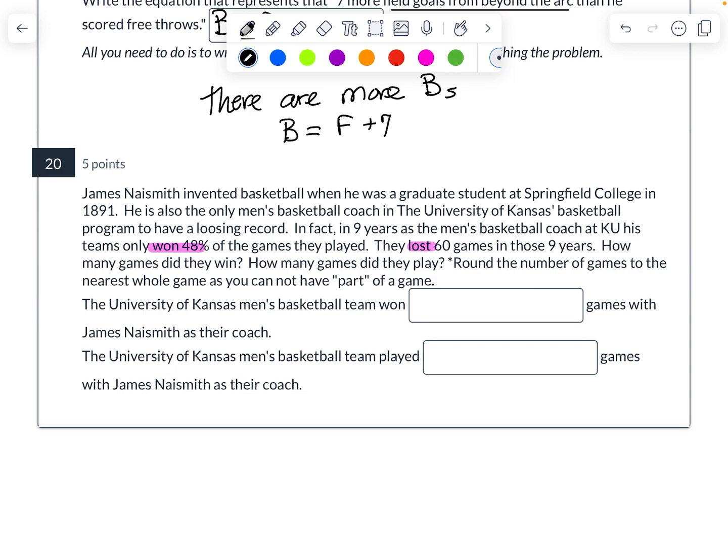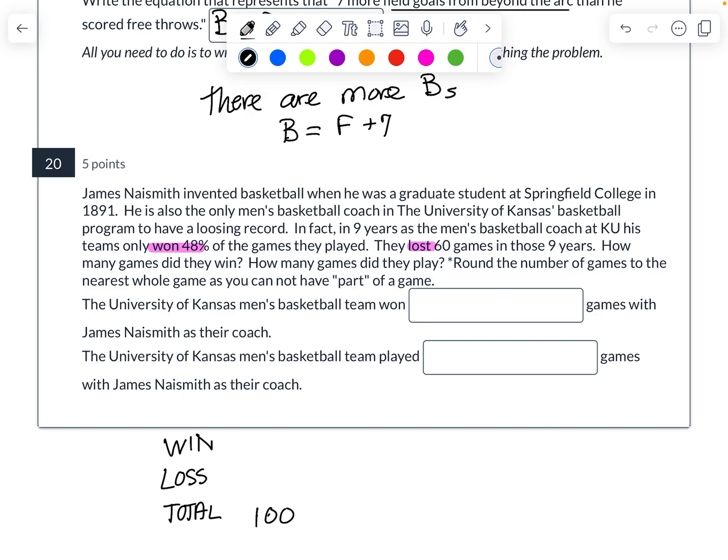So we are going to write wins, losses, and total. And this is basketball, so you're only doing one of those two things. It's binary. You either win the game or you lose the game. It's not soccer. We're not tying anything. It's a win or it's a loss. That's it. Okay? And as long as it's 100%, the total is 100%.